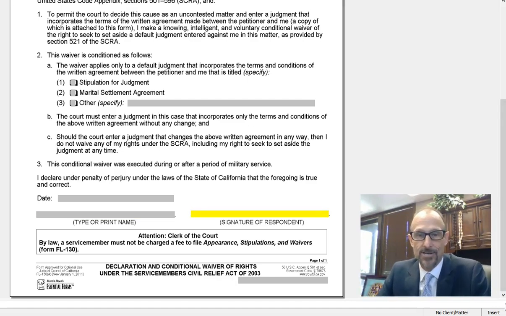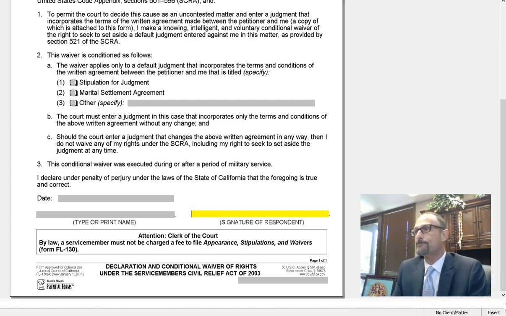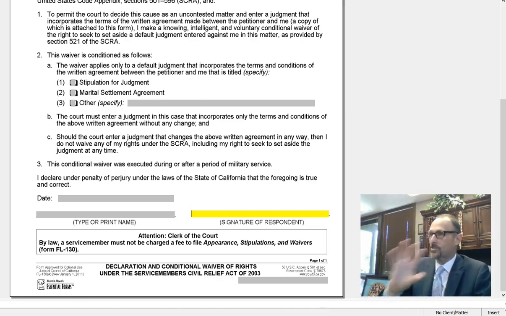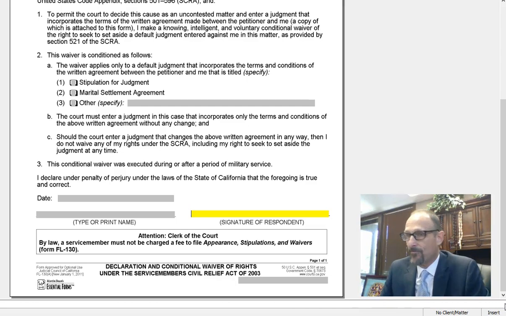At the bottom it says, attention, clerk of the court. By law, a service member must not be charged a fee to file appearance stip and waivers form FL-130. Now, that is a big deal, because if you watch the FL-130 video, if you've never filed a response before, and you've never made an appearance in court, then you have never paid your response fee of $435.